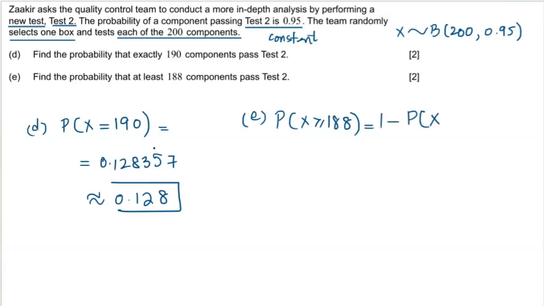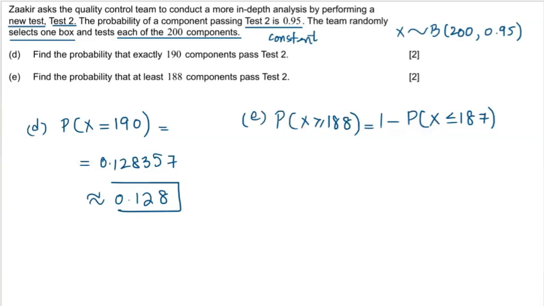So what's the complete value below 188? This is going to be 187. Watch out carefully, since in a discrete distribution there are exact values. So below 188, the only value which comes is 187.